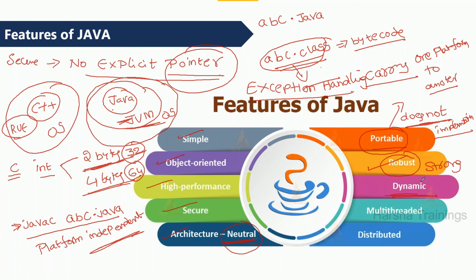Now, dynamic. What is meant by dynamic? We are writing everything inside a class. At the time of program execution, the classes are loaded into where? The JVM. Always remember, the Java programs are loaded into the JVM, the Java Virtual Machine, and then the program is executed.